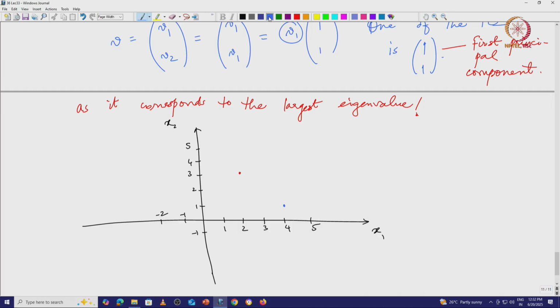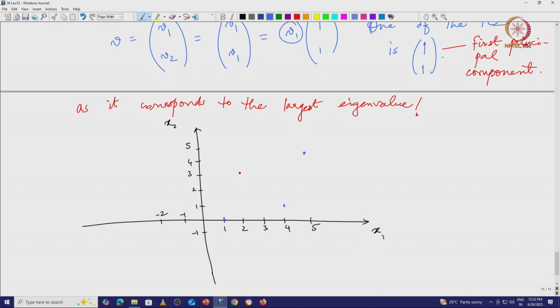5, 4. So, that is here, and the last point is 1, 0, right. So, 1, 0 is somewhere here. Okay. So, this was the original data matrix, and after that we did transform the data, right.